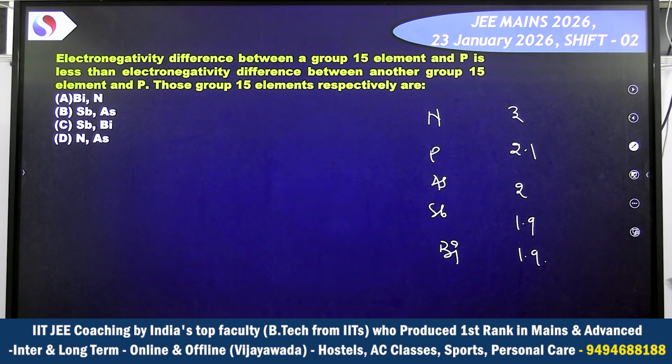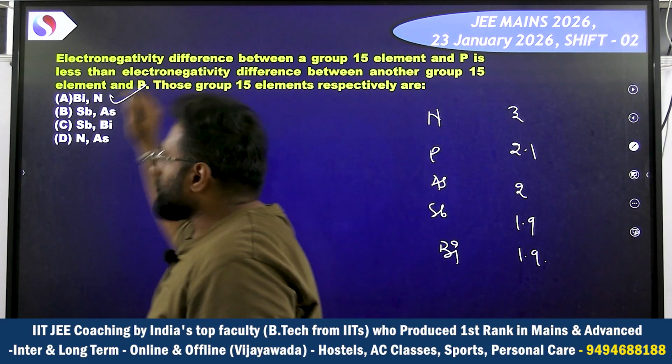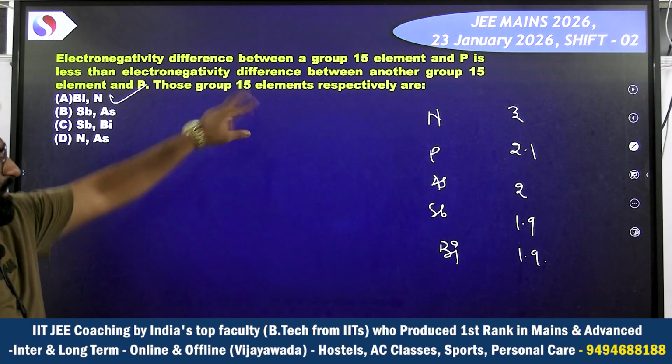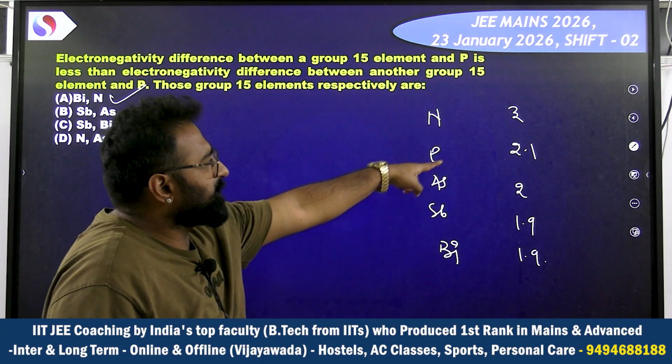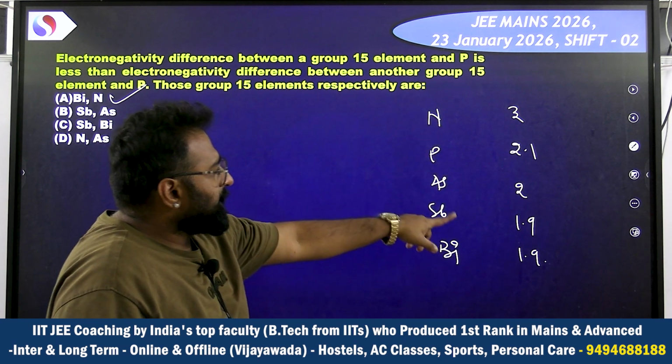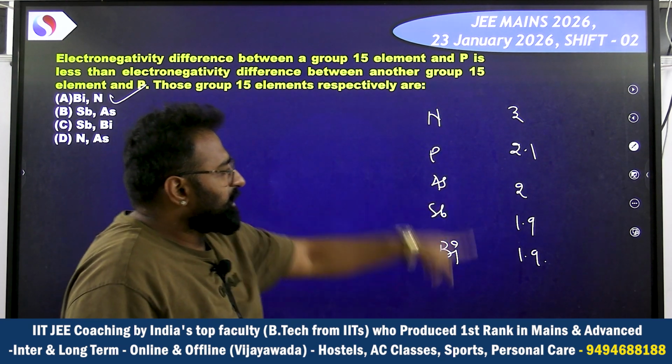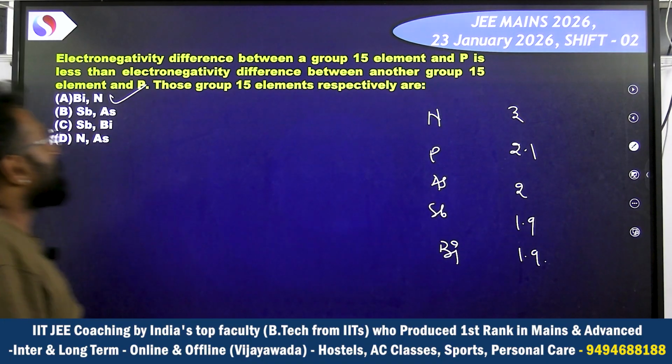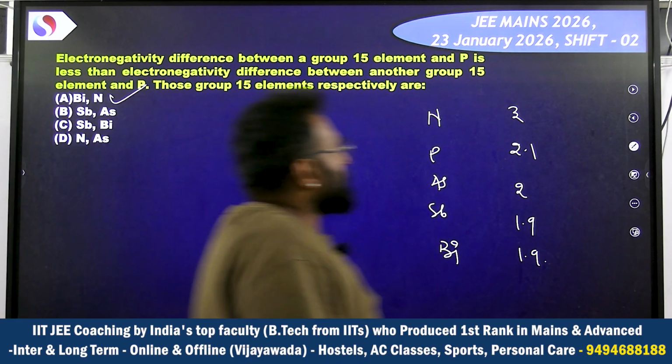The question is asking which has the maximum difference with phosphorus. Obviously bismuth will have the maximum difference, and the difference of nitrogen will be more with respect to phosphorus. So the first option, bismuth and nitrogen, is correct. You are asking the difference: nitrogen and phosphorus difference is 0.9, and arsenic and bismuth difference is how much? 0.2. Okay, next question.